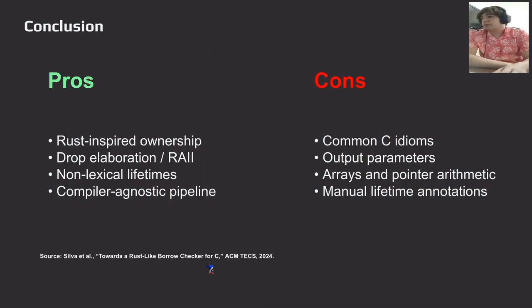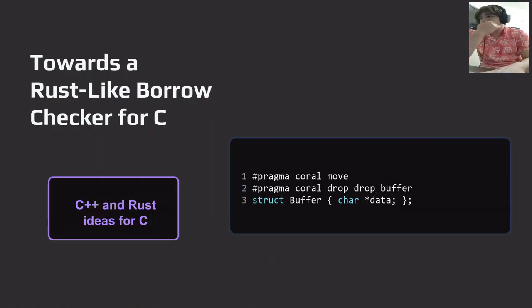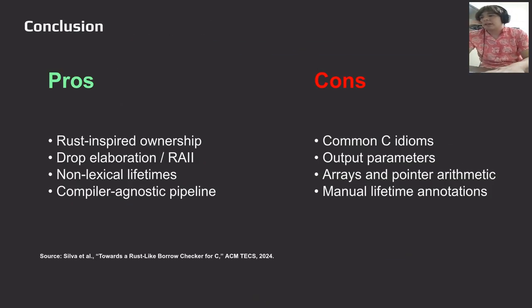So, in conclusion, if I go back to the name of the paper, Towards a Rust-like Borrow Checker in C. I think it's very refreshing and very exciting. I like how it borrows a lot of the ideas from Rust and C++ into C in a way that it's compatible completely within C syntax at the very least.